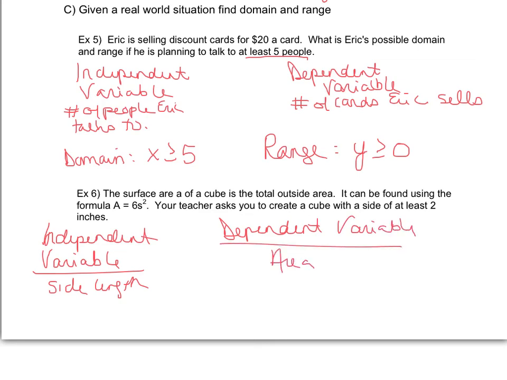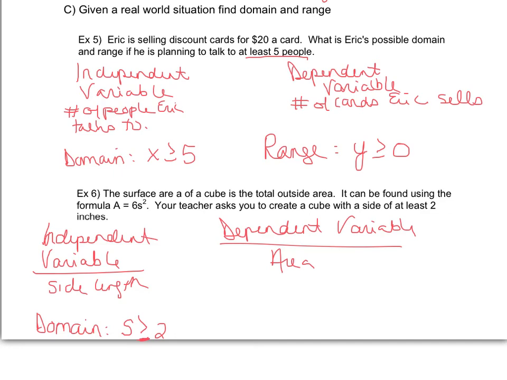So finding my domain, well, since my teacher has asked me to make sure my side length is at least 2 inches, I'm going to go ahead and say S, because my formula uses S, not X. So I'm going to go ahead and say S is greater than or equal to 2. Well, so then what's my possible range?